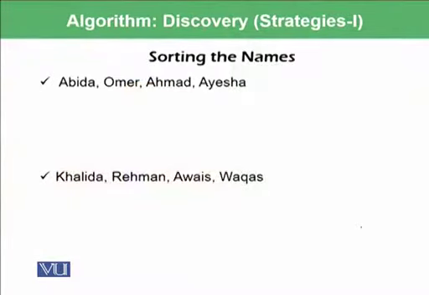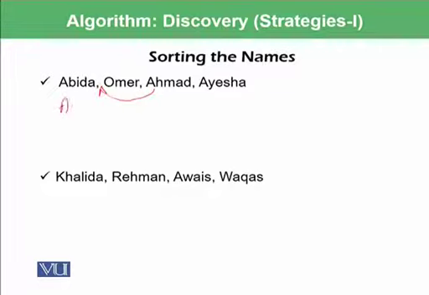Let's have an example of it. For example, you have these four names, Abida, Umar, Ahmad, and Aisha, and you want to sort them. The first step would be to put Ahmad between Abida and Umar.